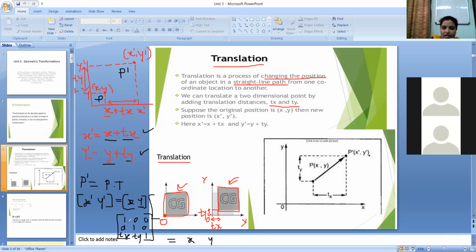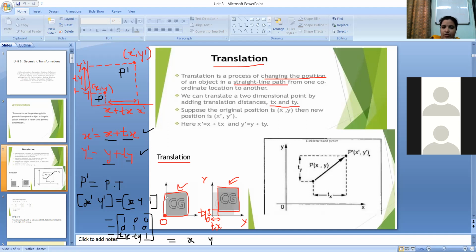As I am changing the order of this matrix, I have to change the order here also, because matrix multiplication is done if the columns are the same as the rows of the second matrix. So you have to take the columns equal to 3, because here the number of rows is 3. So you have to maintain that order. And for that purpose, I will take the last element, which is 1 only.